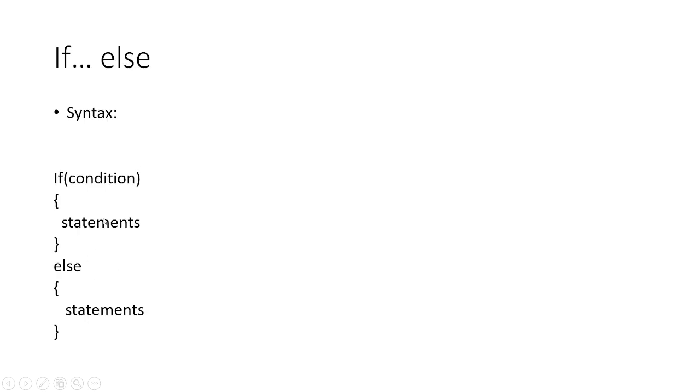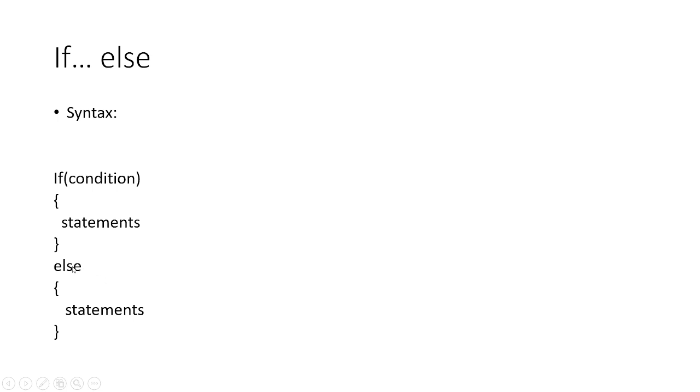Now, the next is the if with else statement. This is another type of statement. Here we can write if, then a condition. If the condition is correct, what statements you want to execute? Else means if this condition is false, what statements you want to execute. So you can use if with else.